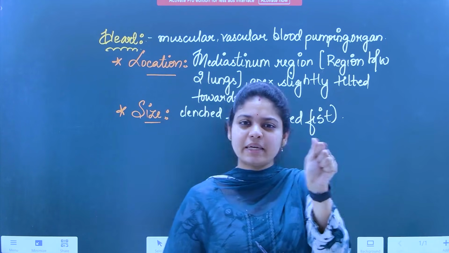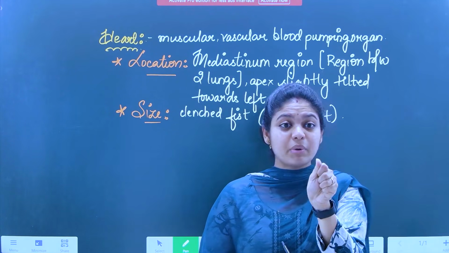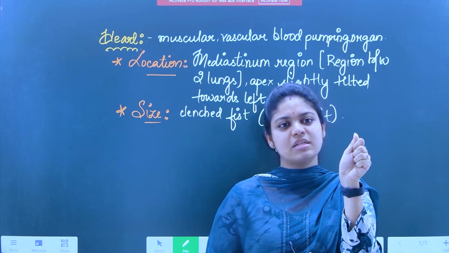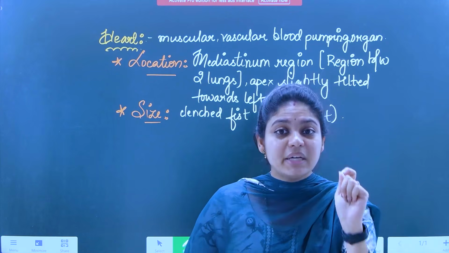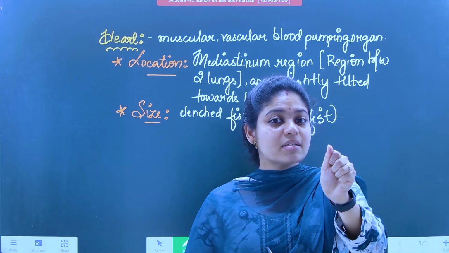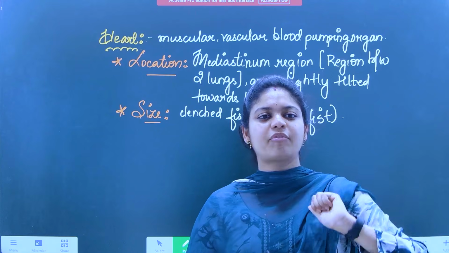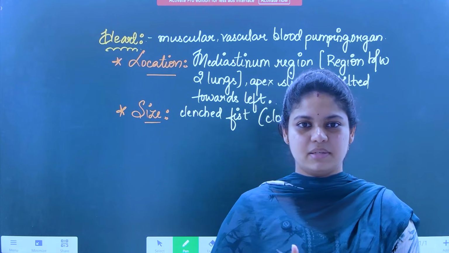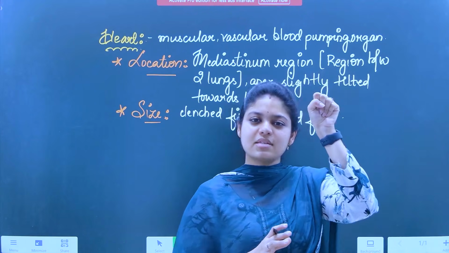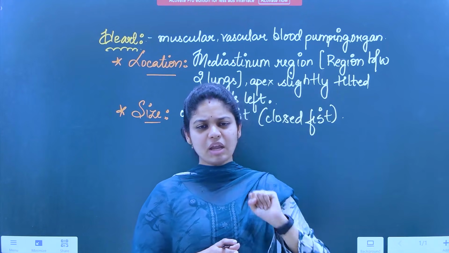Heart is not exactly present towards the left. It is present between the lungs. That region is called the mediastinum region, but it is slightly tilted towards the left like this. That is the reason why we call it as present in the left side. Understood? And it is having the size of a clenched fist.